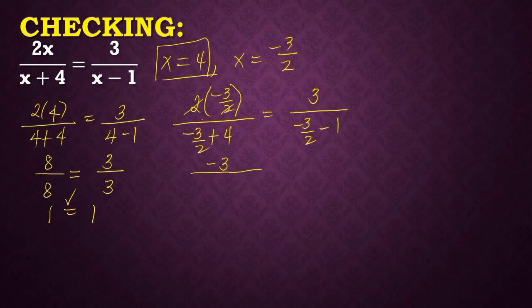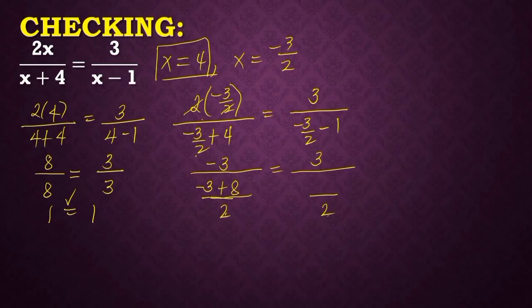Sa baba naman po, sa denominator, so, yung LCD po ng negative 3 over 2 tsaka 4, 2. So, 2 divided by 2, that is 1, times negative 3, negative 3. Tapos, 2 divided by 1, yung denominator ng 4, that is 2, times 4, that is 8. Equals 3 all over, so, negative 3 over 2 minus 1, yung LCD is 2.